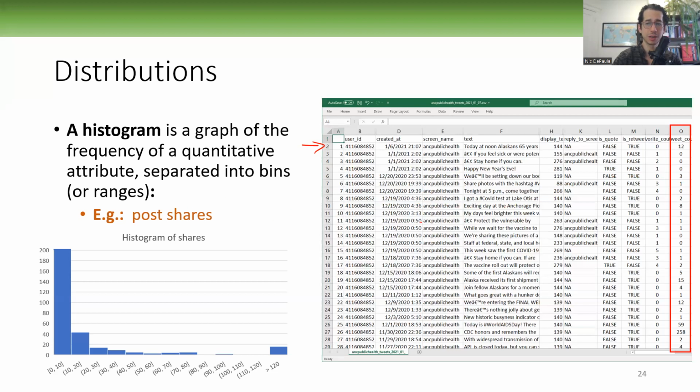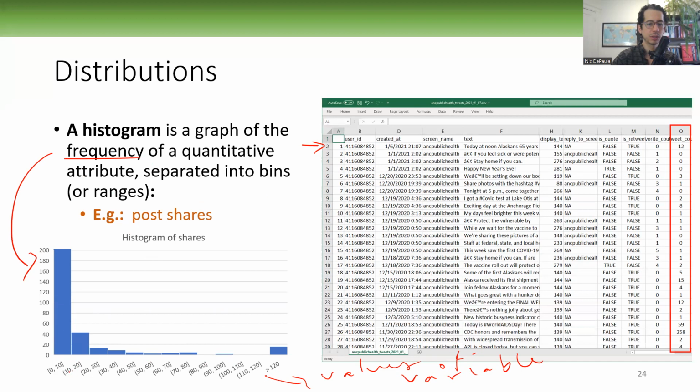And when we create a histogram of this variable, it's going to look something like this. So how do we read this? Well, in a histogram, the frequency goes on the y-axis, and the values of the variable go on the x-axis. So for example, let's begin on bin 2 here.